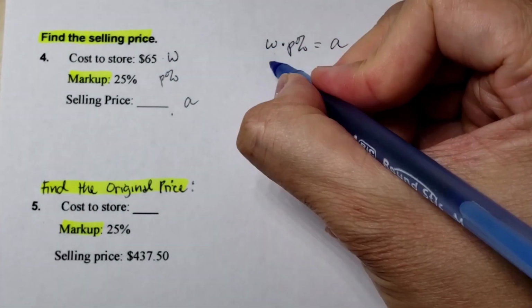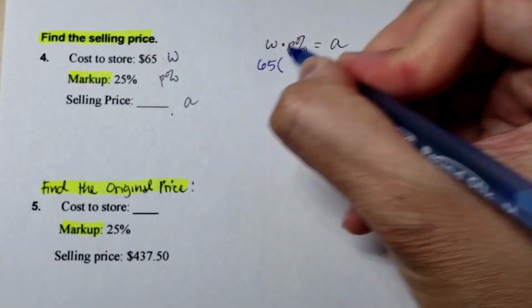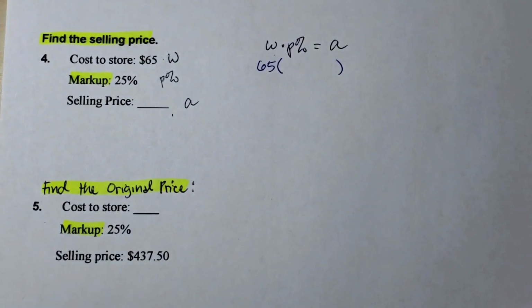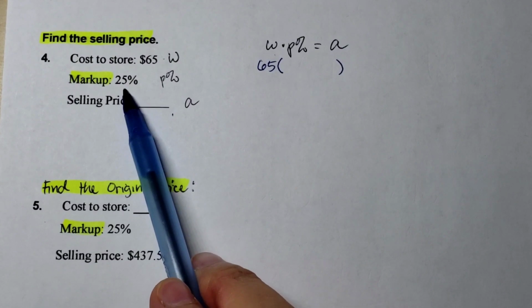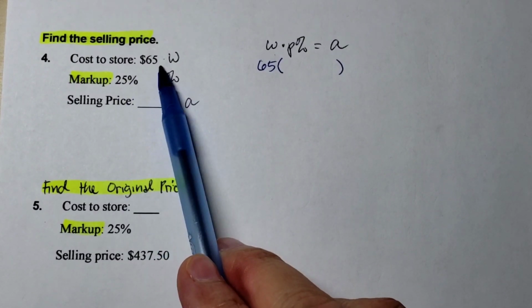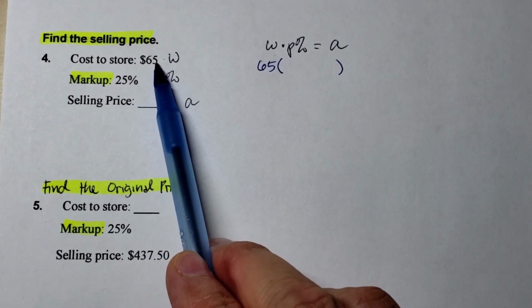Our whole is $65. Now, for our percent, just think, markup means 25% more of the original price.